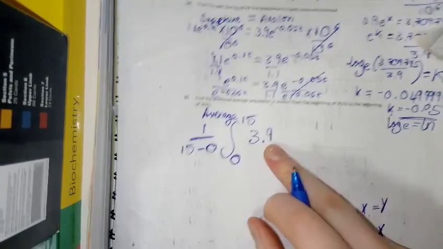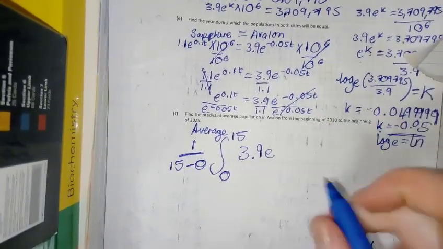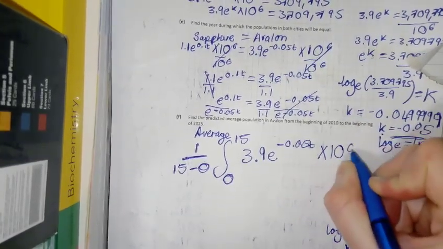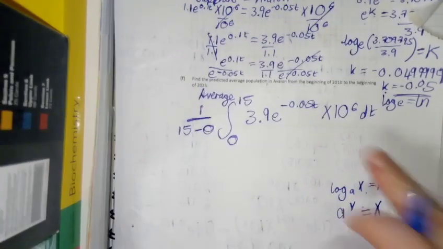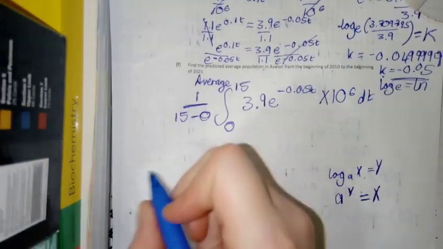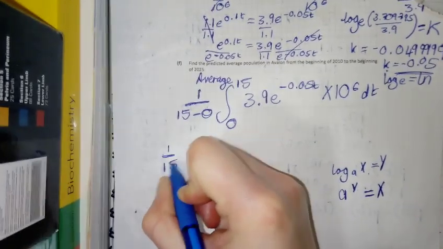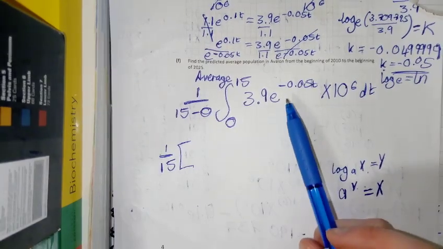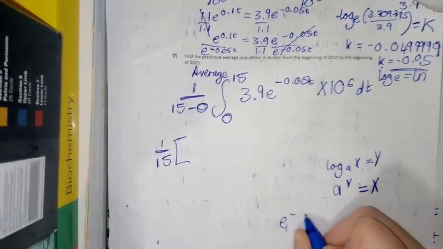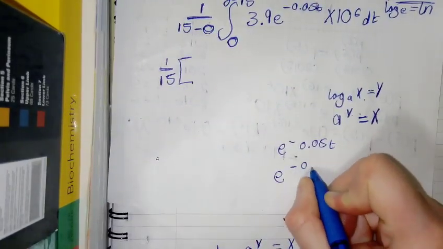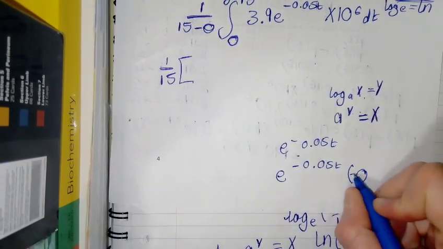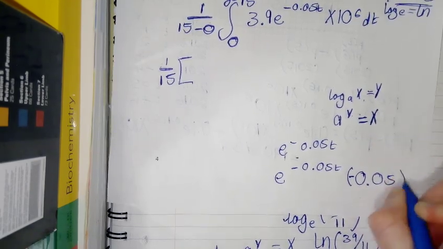Our function for Avalon is 3.9 e to the minus 0.05t by 10 to the power of 6, and I'm going to have to integrate this. So 1 over 15. For integration with logs, if I was to integrate e to the minus 0.05t, I would get e to the minus 0.05t, but it would also be multiplied by minus 0.05.